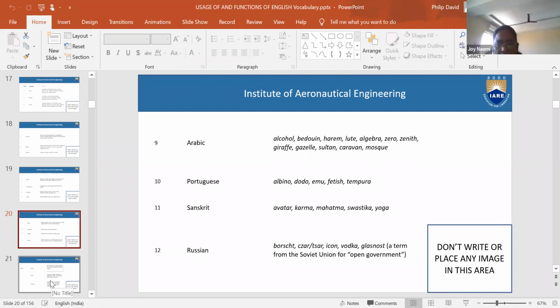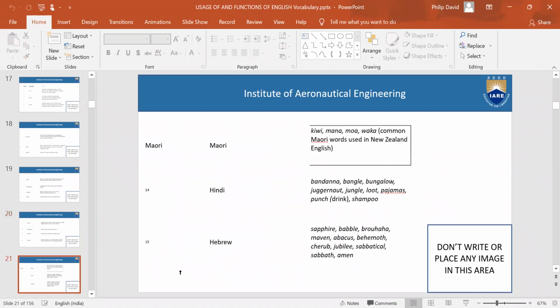From Portuguese: albino, dodo, emu, fetish, tempura. Sanskrit: avatar, karma, mahatma, swastika, yoga.